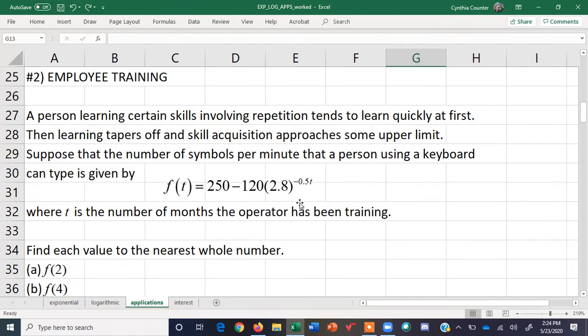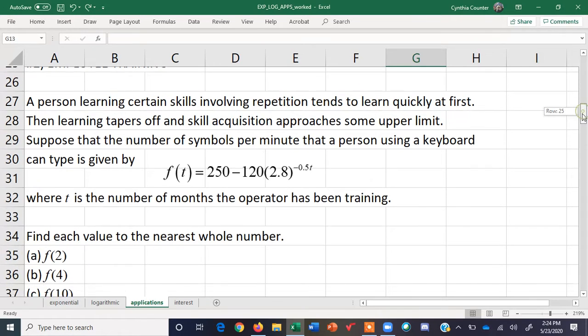So this is an exponential function because we have an exponent here, but we have a negative power and then this 250 in front. So what is going to happen with this?